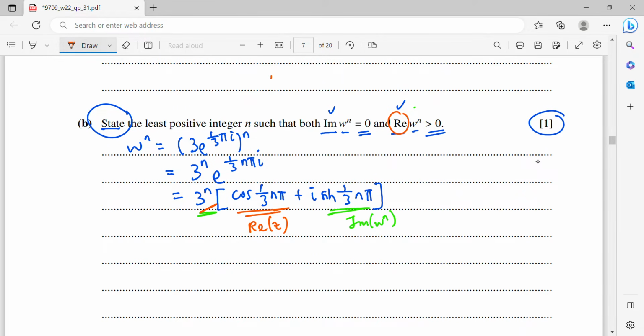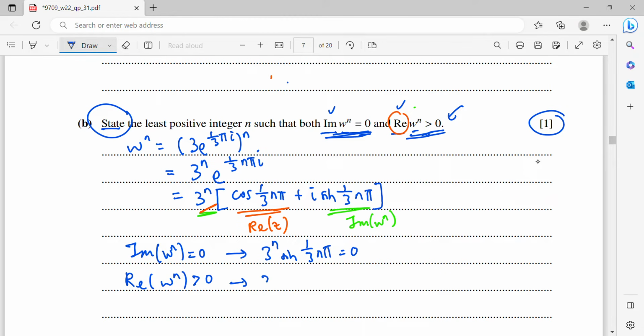All right, so now let's refer to these two conditions. Imaginary part of w^n equals 0, which means 3^n sin(1/3 nπ) is 0. Then the real part of w^n is greater than 0, which is our second condition, so it's going to be 3^n cos(1/3 nπ) greater than 0.